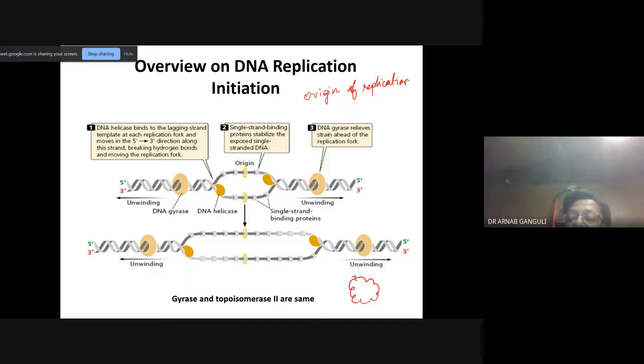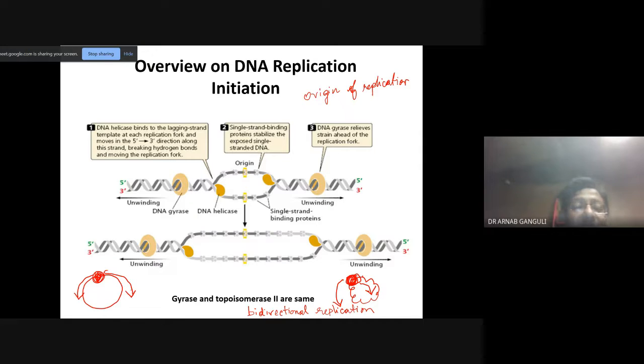So when replication takes place, from the origin of replication, the sequence, replication takes place in two directions. It is a bidirectional replication.